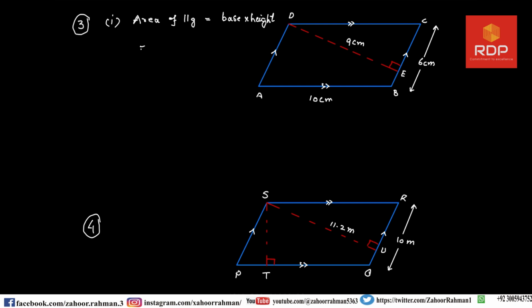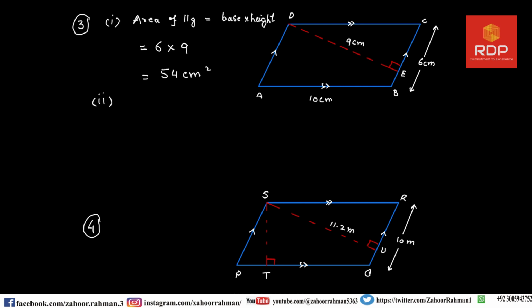So we simply insert 6 centimeter and the height, which is at 90 degrees, that is 9 centimeter. So we find 54 centimeter square. That was the whole story about part number 1.